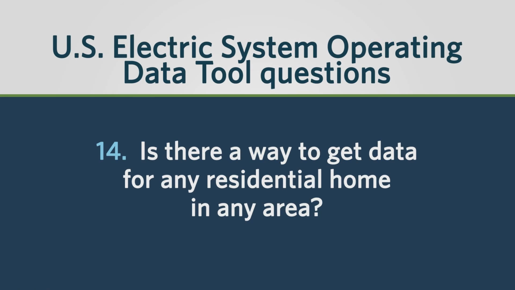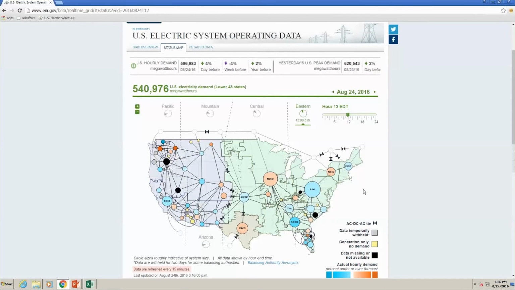Is there a way to get data for any residential home in any area? This is a great question. One of the things I'm trying to convey to folks is that this is looking at the U.S. electric system from a very high level perspective, that is, at the system level.